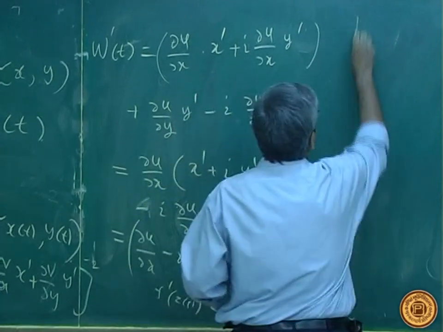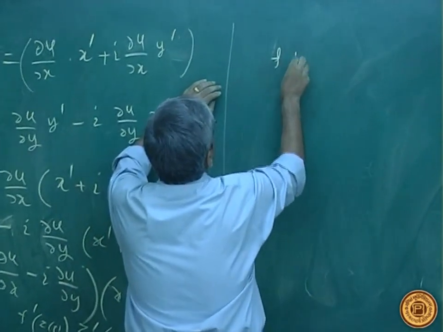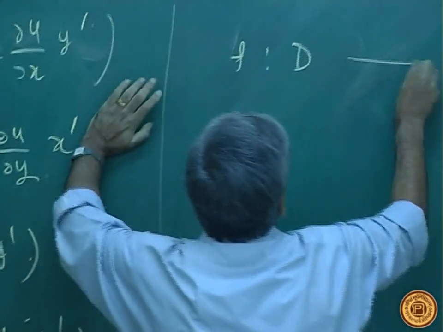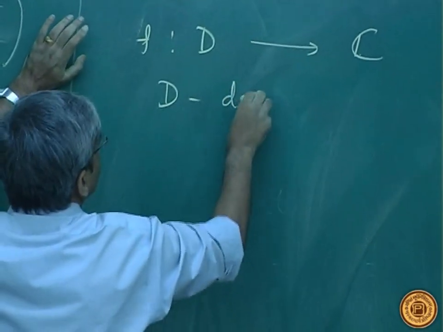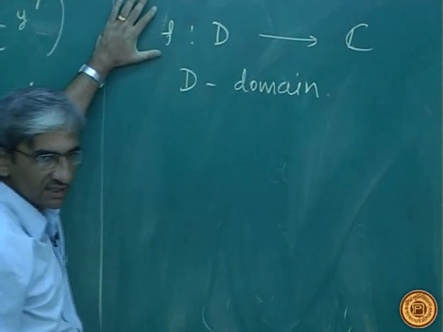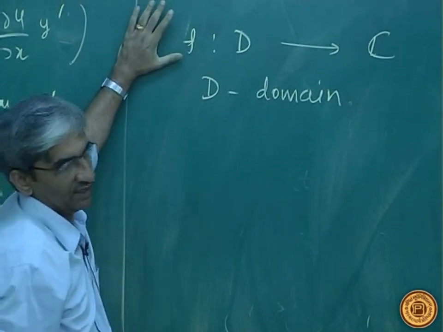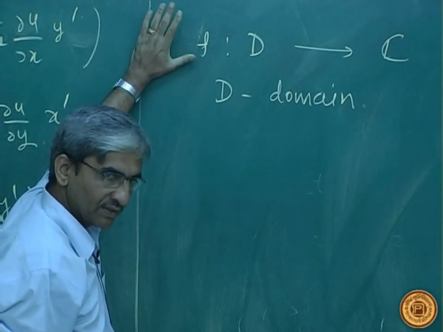So now we have a function f on a domain D in the complex plane to C, where D is a domain. You have to first understand the situation. A function is given to you which is to be integrated. Is this clear? We want to integrate this function.